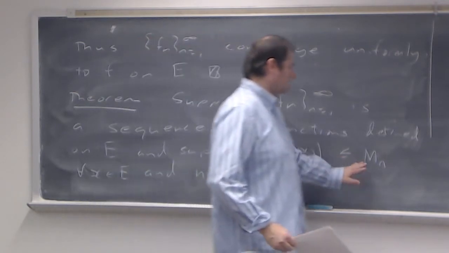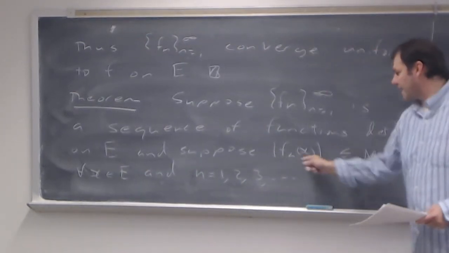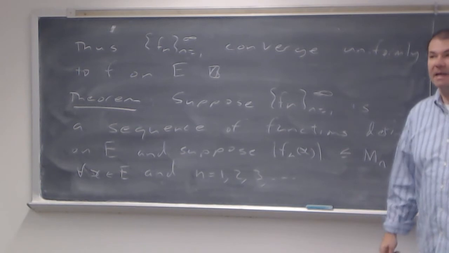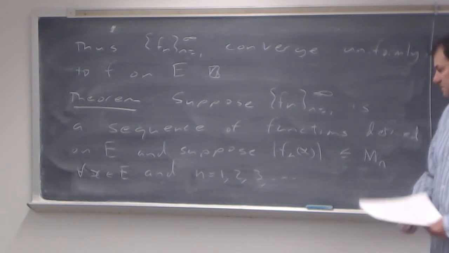Now this m sub n is just some real number that bounds the absolute value of f sub n of x. It's not the same m sub n that we had in the previous theorem, okay?